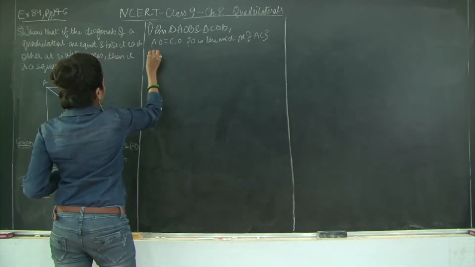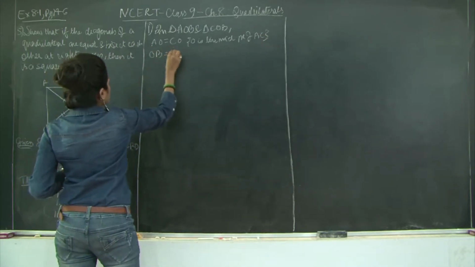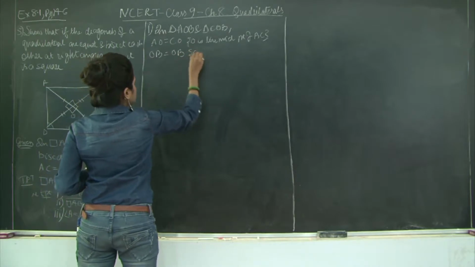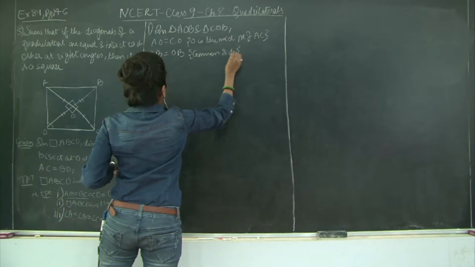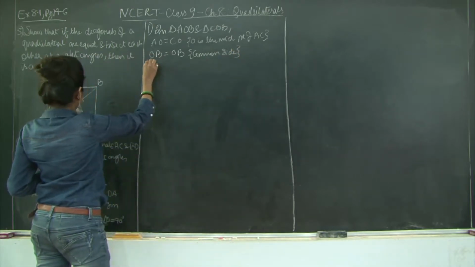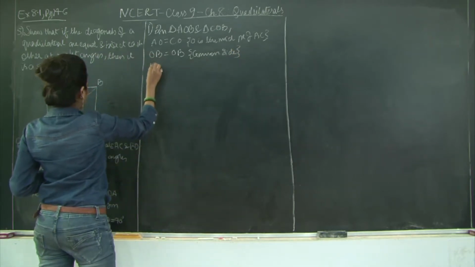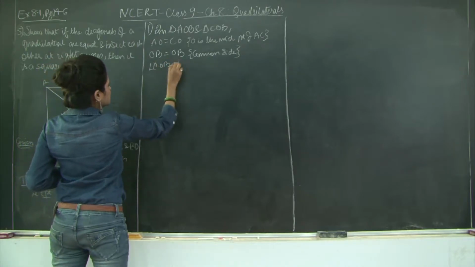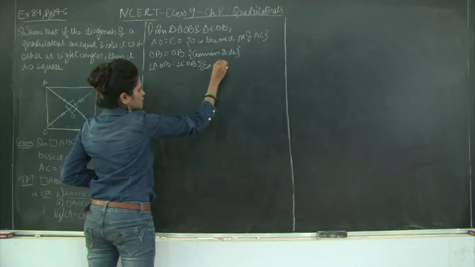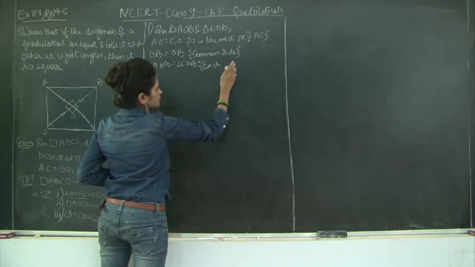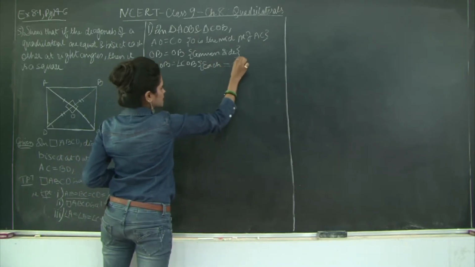Then I have OB is equal to OB because it is the common side, and I have angle AOB is equal to angle COB. Why? Because each of these is a right angle. So each is equal to 90 degrees.